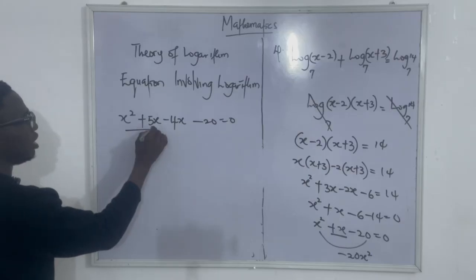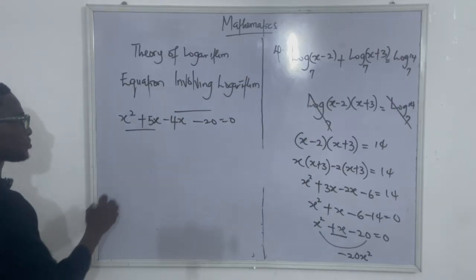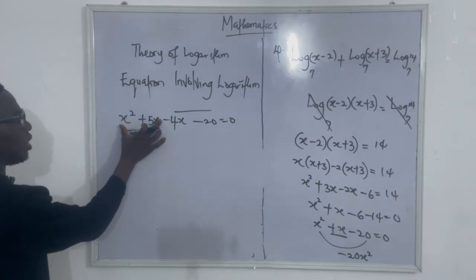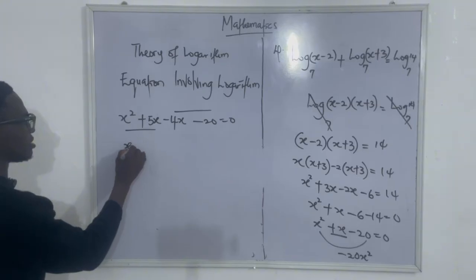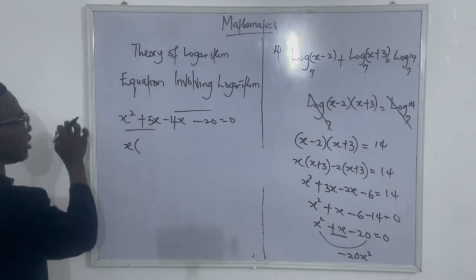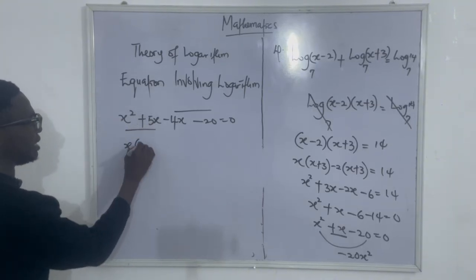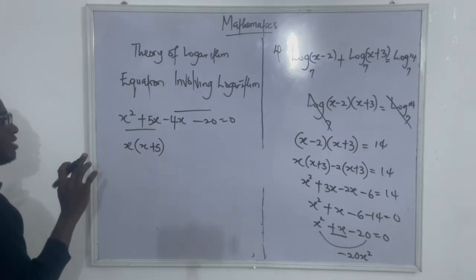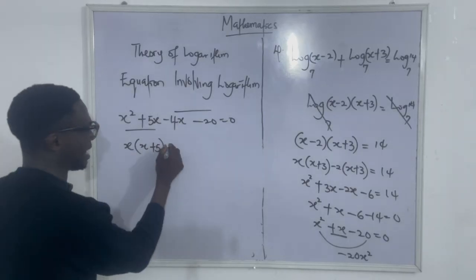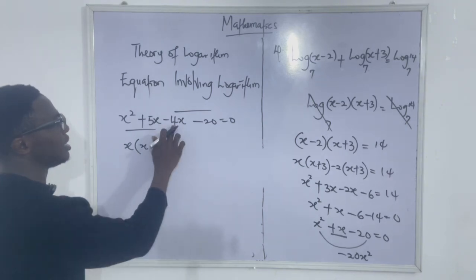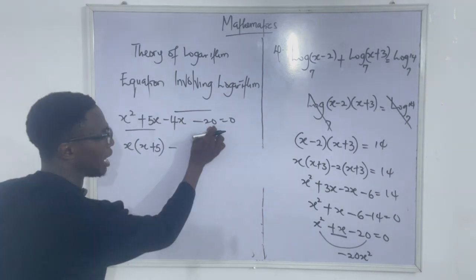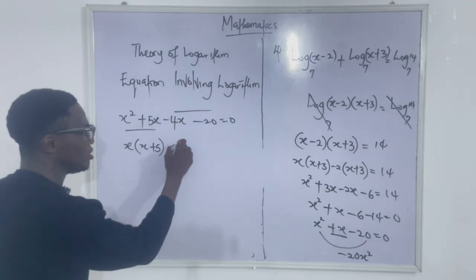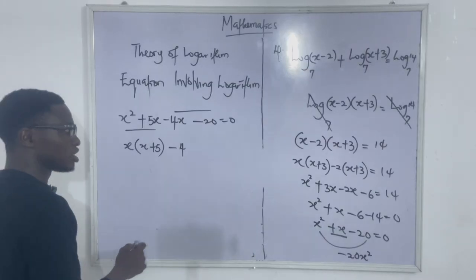Then we group this, and we group this. Here, what is common? x is common. When you factorize it out, it will remain x here, then 5 is left alone, plus 5 is left alone. Here, minus is common, write that first. Now, 4 can go into 20, so 4 is common.